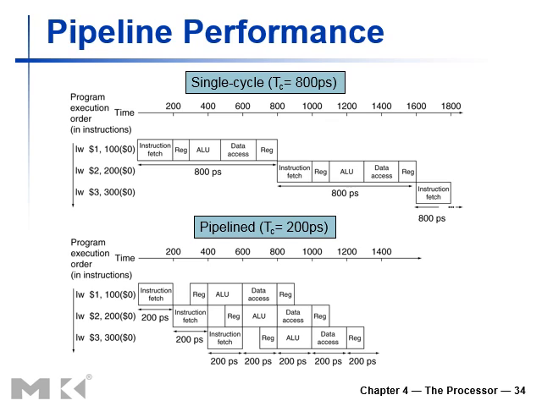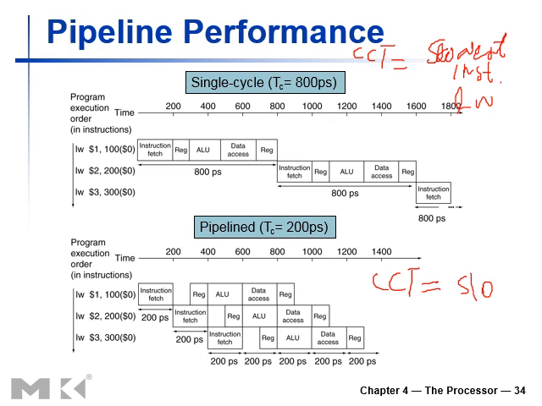In a non-pipeline single cycle processor, the clock cycle time is dependent upon the slowest instruction, that was the load word, and in the pipeline system the clock cycle time is dependent upon the slowest stage.